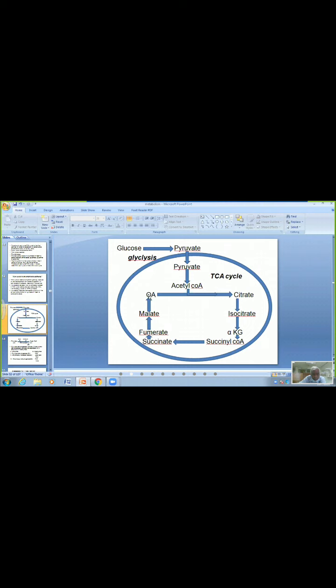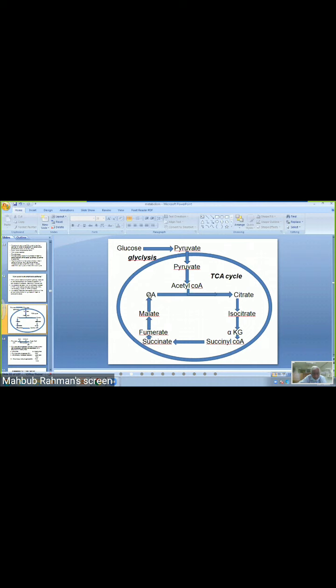So the source of oxaloacetate is either regeneration in the TCA cycle, or new synthesis from pyruvate. Okay, so this is a short outline of the TCA cycle.